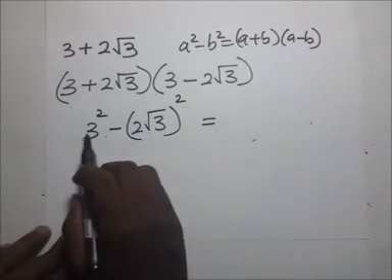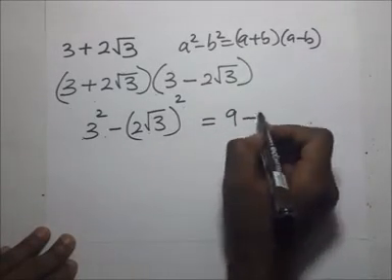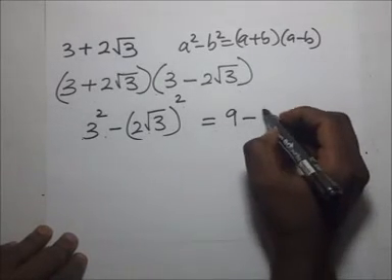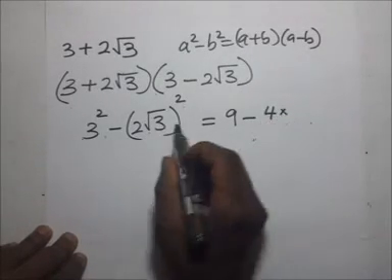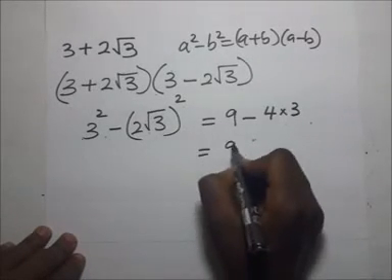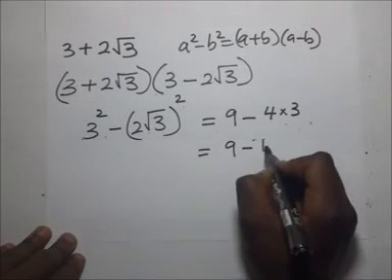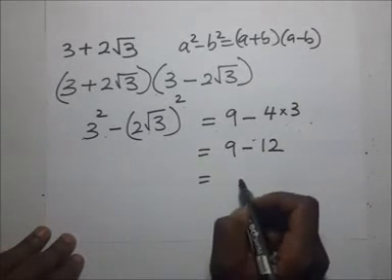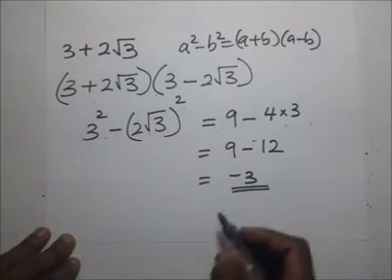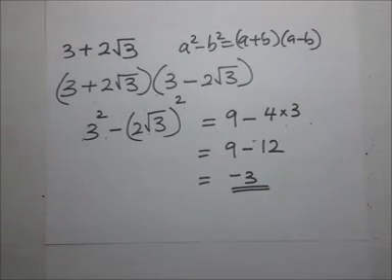And definitely that's going to become 3 squared is 9 minus 2 root 3 squared, this is going to be 2 times 2, which is 4 times root 3 squared is 3. And we end up with 9 minus 4 times 3, which is 12. And our answer is going to be negative 3. And this is how we rationalize the denominator.